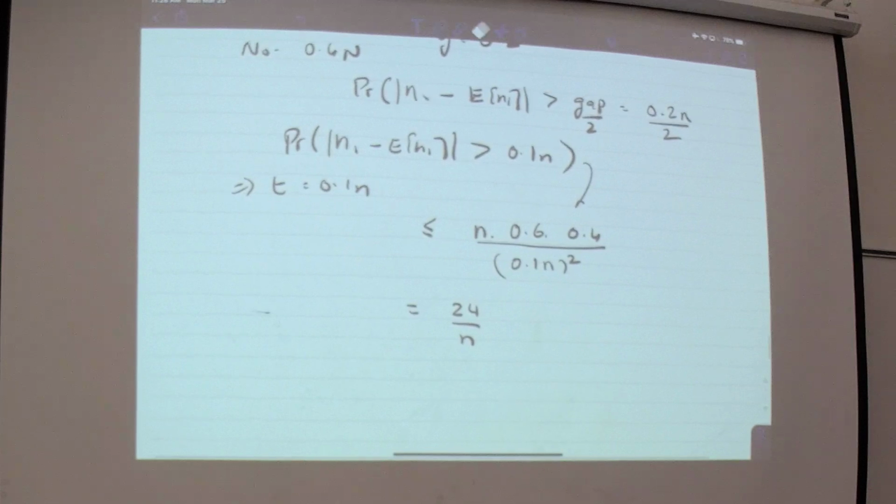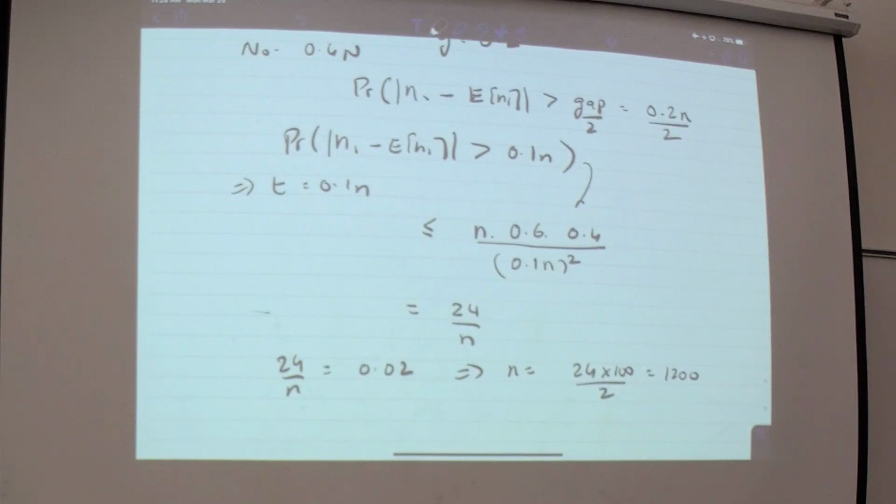So I want this number, which means that n is equal to 24 times 100 over 2, which would be equal to 1,200. So as long as you take 1,200 samples of people and calculate their votes and look at the fractions, the chance of you making a mistake on deciding who won is going to be less than 2%.